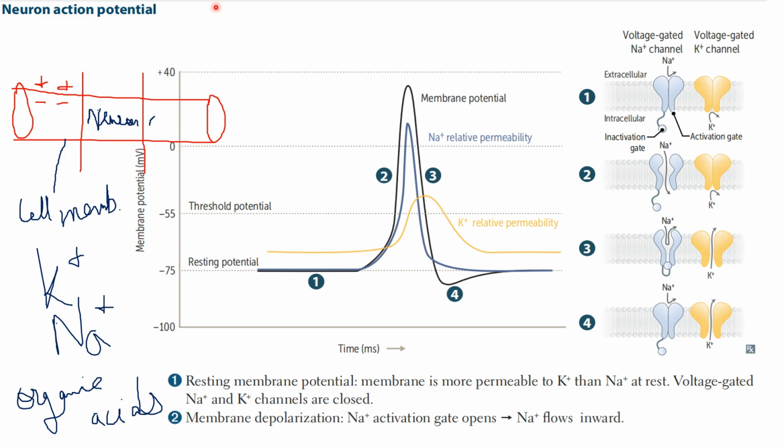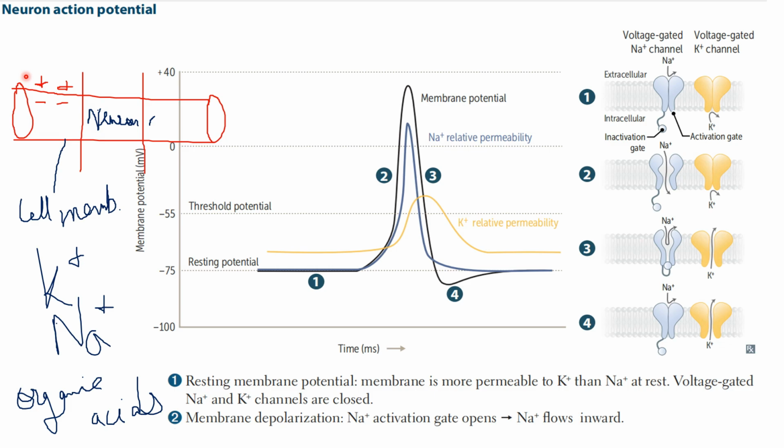Okay. So outside we have sodium ions, and they are like 10 times more than the sodium ions inside the neuron. So we have potassium inside the neuron, and sodium ions outside the membrane.